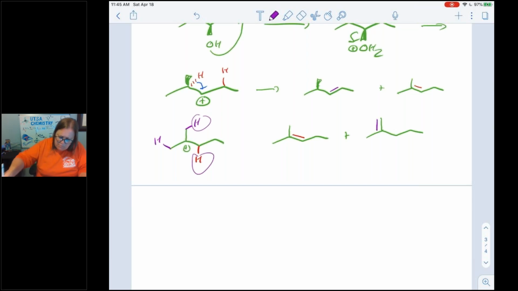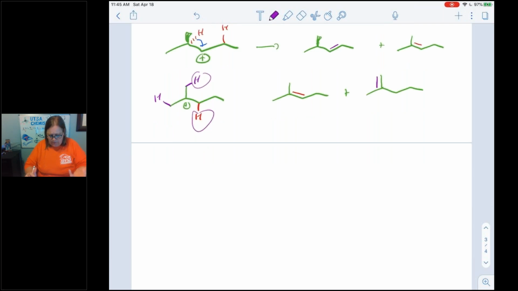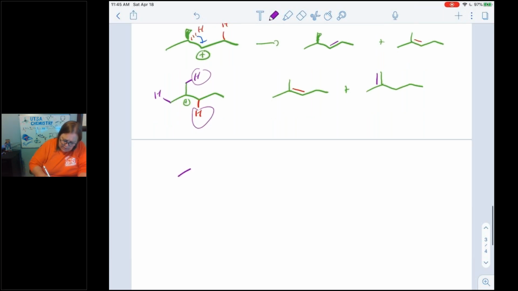All right, so other types of rearrangements. We can have alkyl shifts, right? And so again, say I started with this alcohol here. React in the presence of tosyl sulfonic acid. Form my good leaving group.